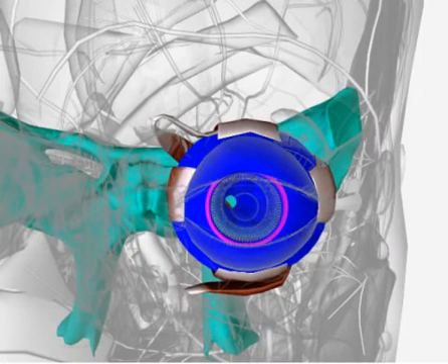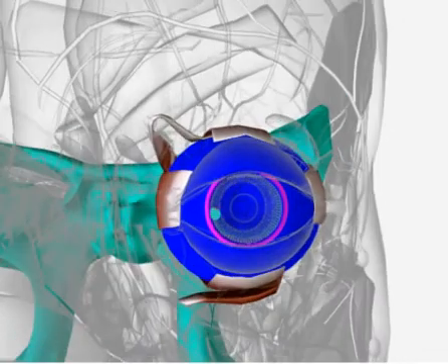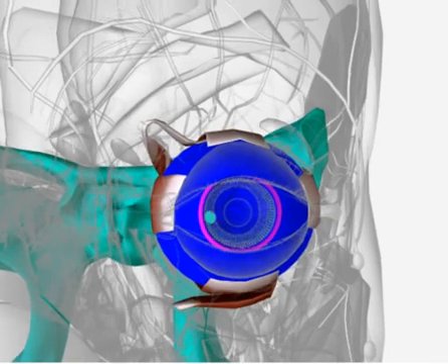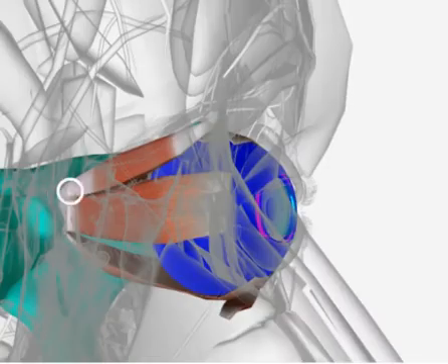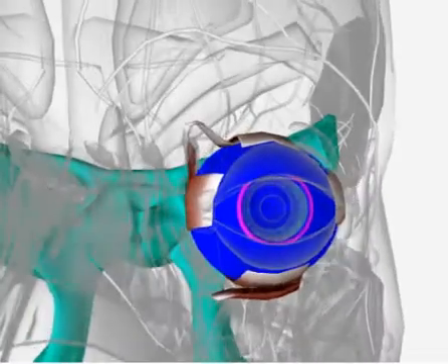Now we move to the oblique muscles. There are two oblique muscles. One is the superior oblique and the other one is the inferior oblique. So talking about the superior oblique muscle, it will find its origin at the apex of the orbit at the superior medial portion of the optic canal.